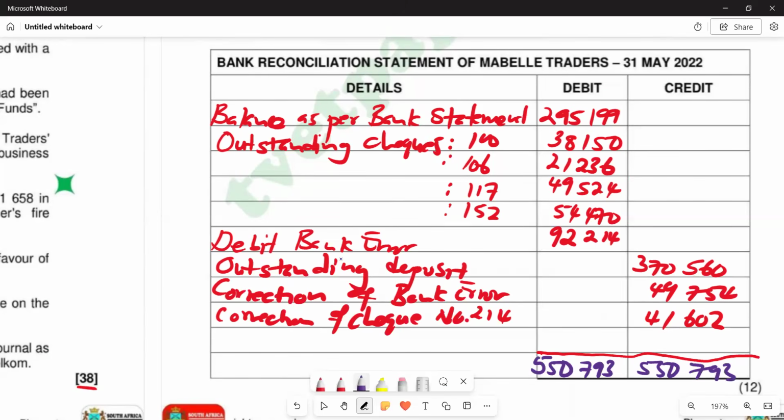Then if we say 550,793 minus 41,702 minus 49,754 minus 370,560, or you can add the total of the credit, then you subtract it from this total of the debit. You get the difference here, which you are supposed to put on the side that has the smaller total, and the difference would be 80,877.